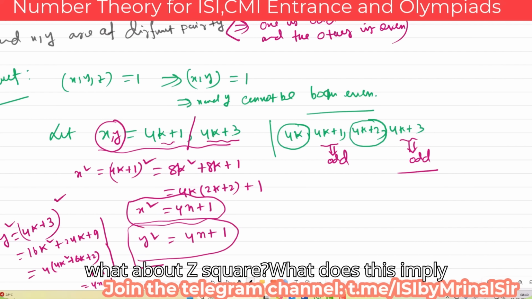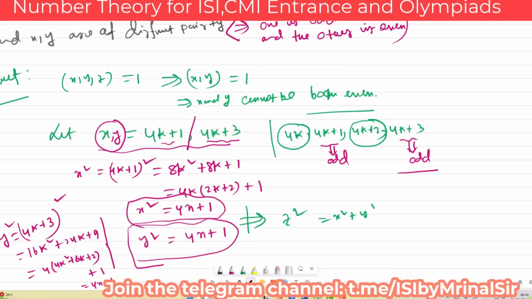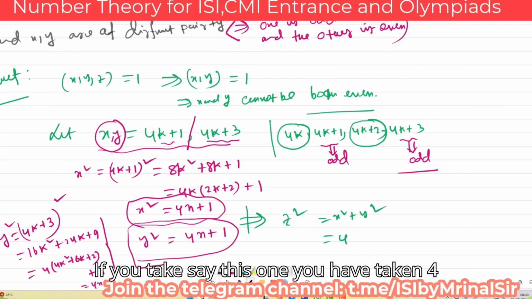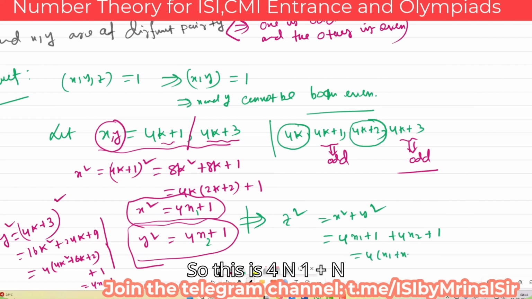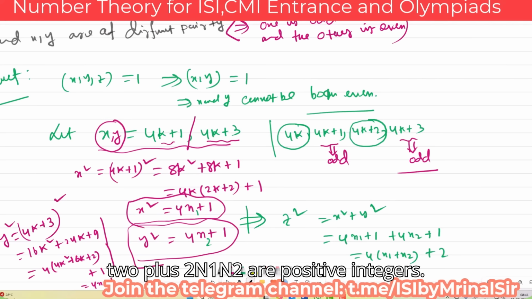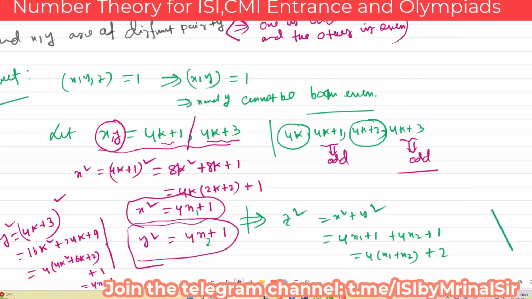Now what about z square? What does this imply about z square? Z square is x square plus y square. This is going to be of what form? If you take this one, you have taken 4n1 plus 1 and 4n2 plus 1. So this is 4(n1 plus n2) plus 2. n1 and n2 are positive integers. Number theory is the theory of positive integers at your level.